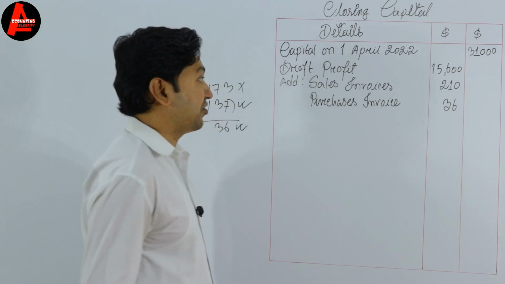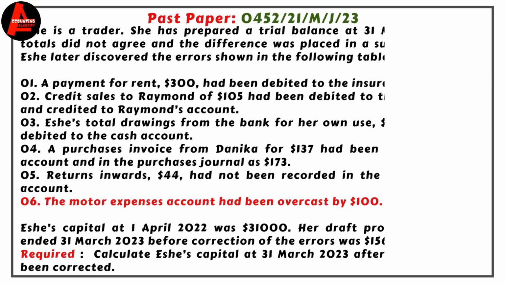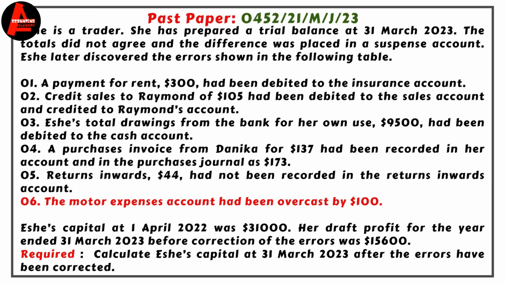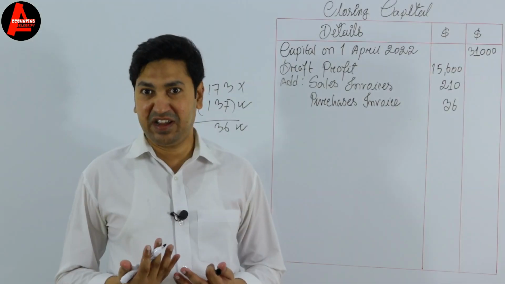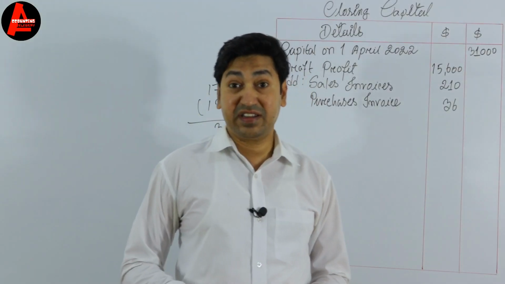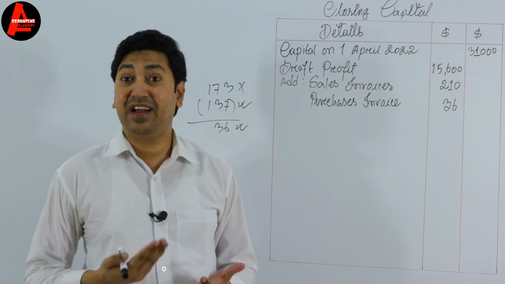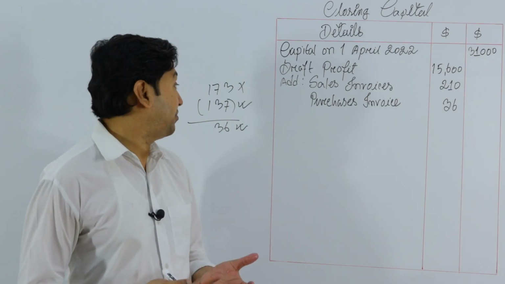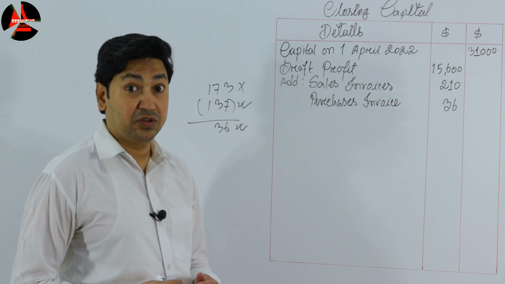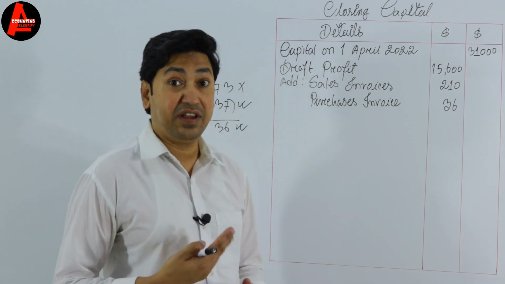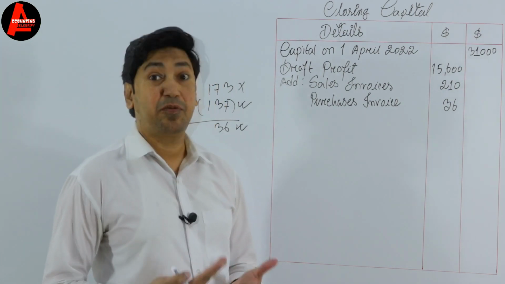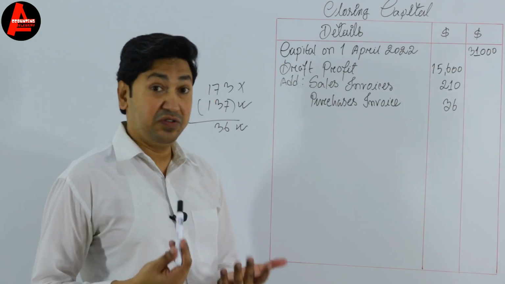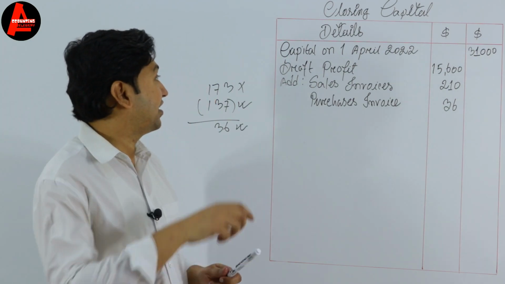Next transaction, the last one: motor expenses account had been overcast by $100. So motor expenses overcast by 100. Expense overcast means profit undercast, right? So it is a mistake. Now expense should be undercast, right? When expense is undercast, then profit will be increased.